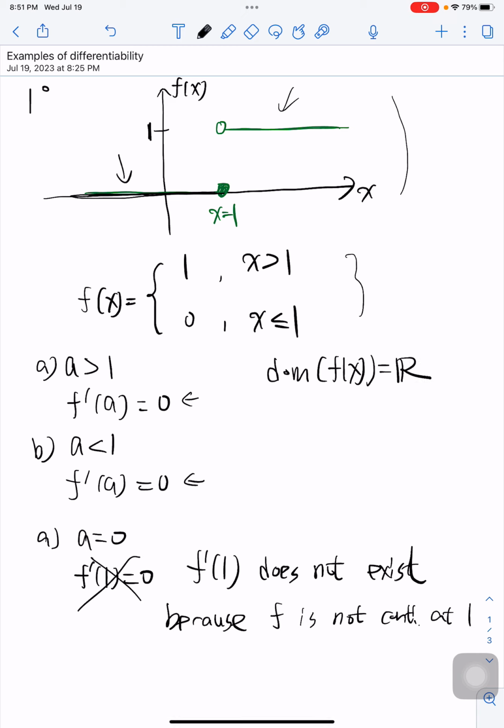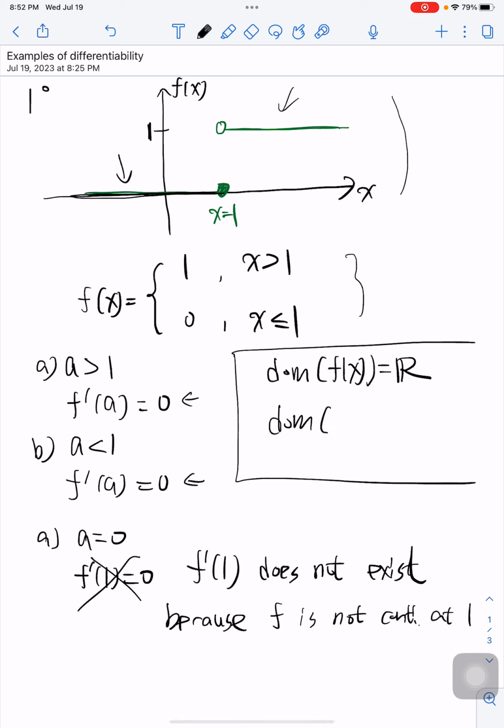However, the domain of f prime of x is the real set except for the point 1.